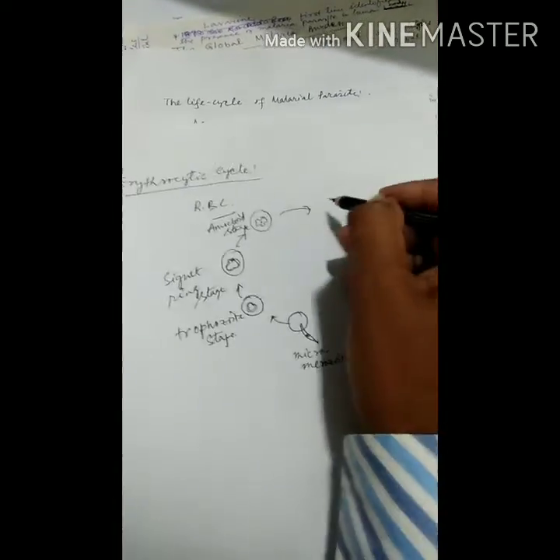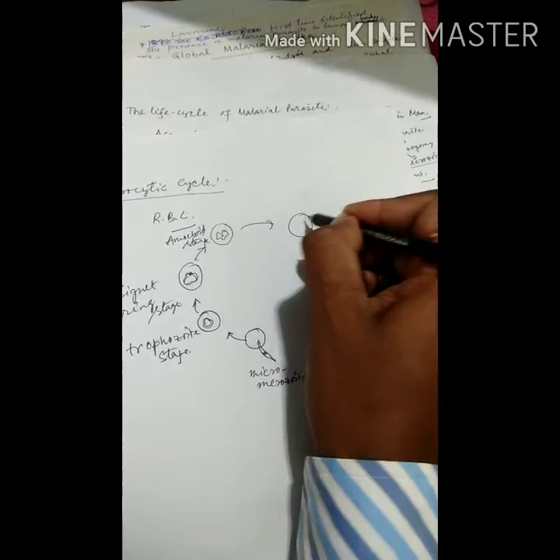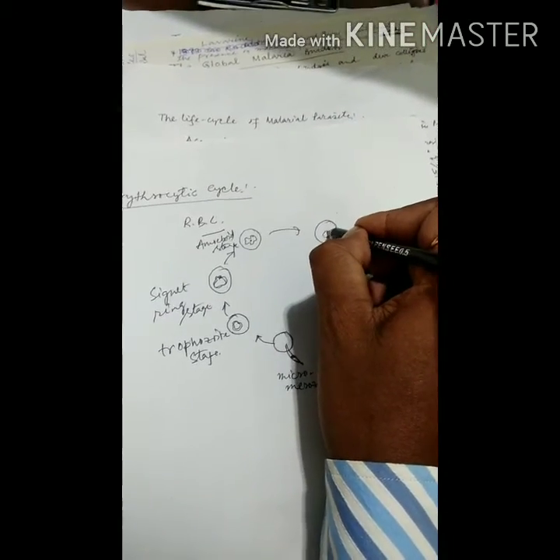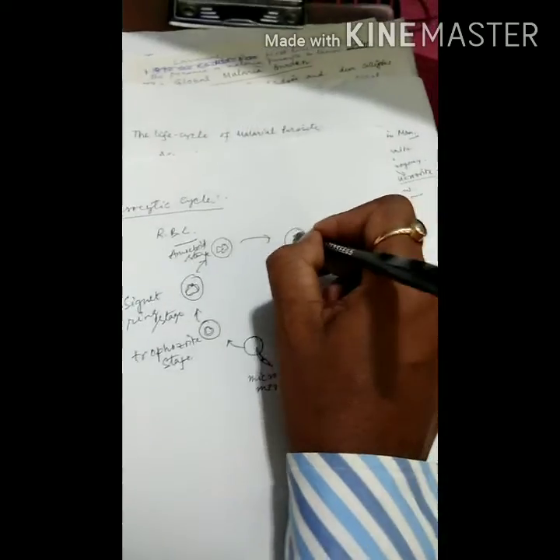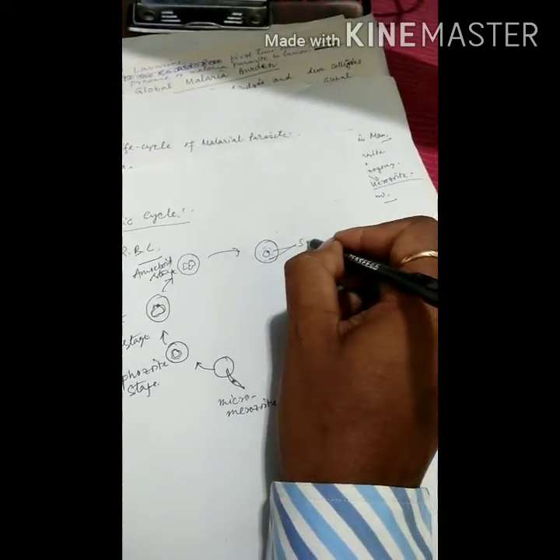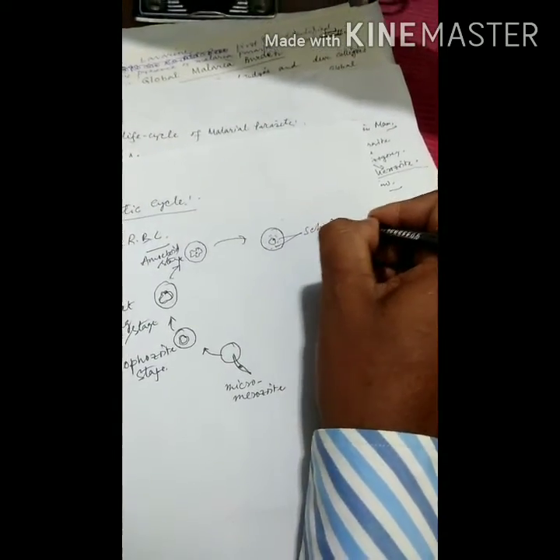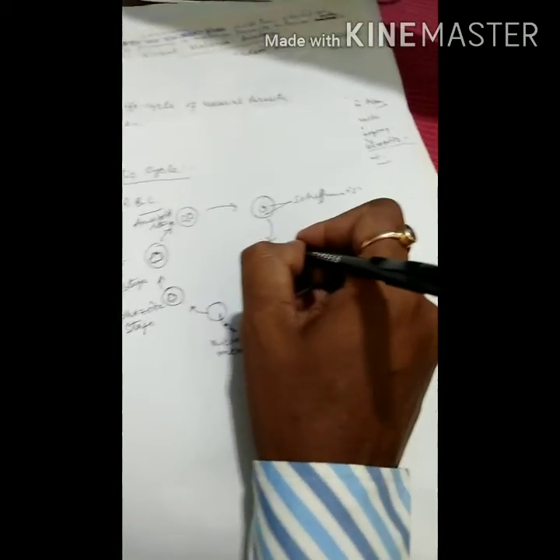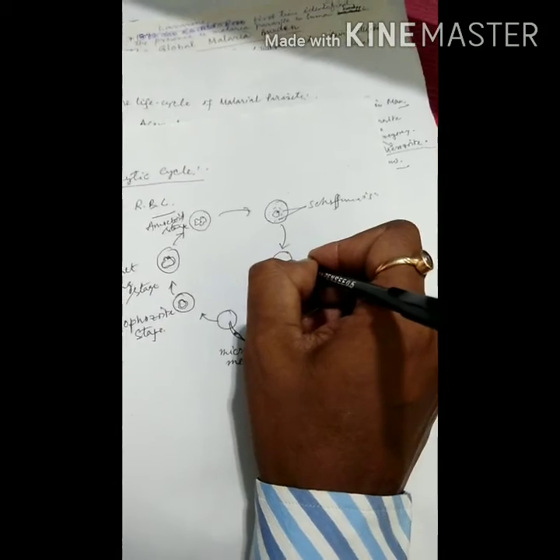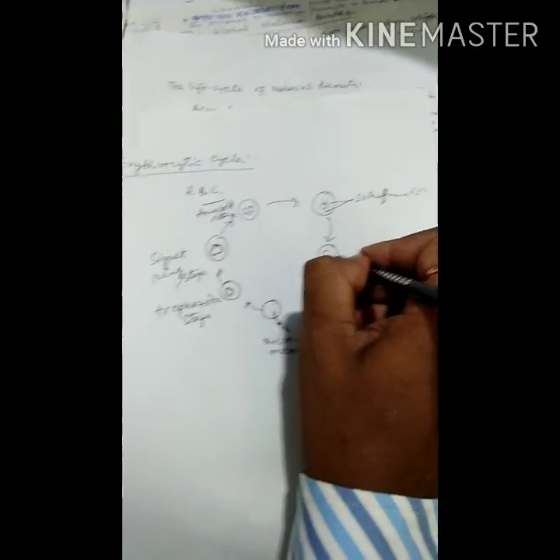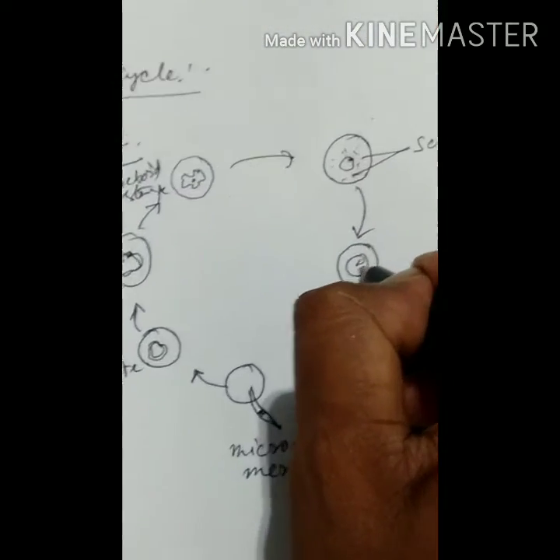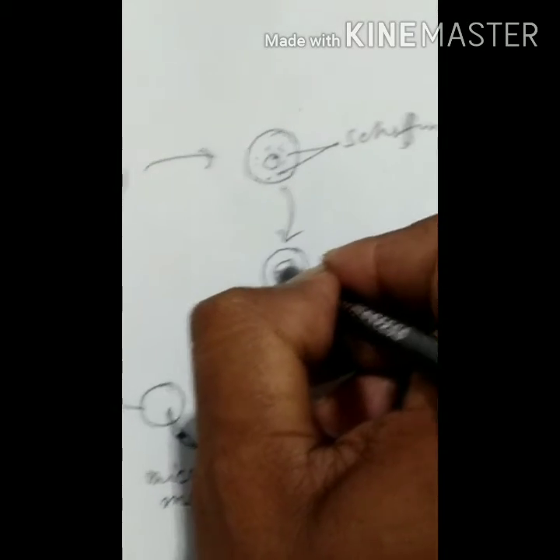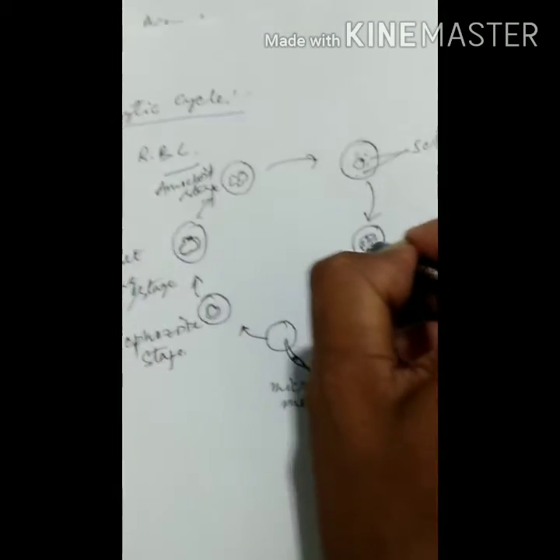Then it contains the cytoplasm and nucleus, and the rest of the cytoplasmic complex is known as the Schüffner's dots. Then comes the rosette stage, which looks like the petals of a rose, with the nucleus contained within the cytoplasm.